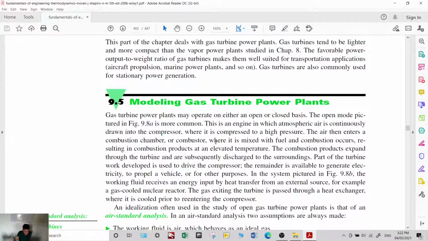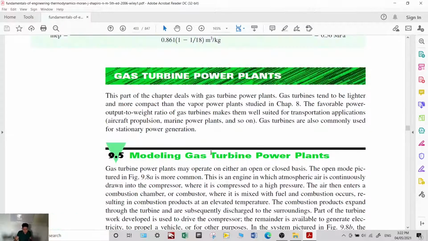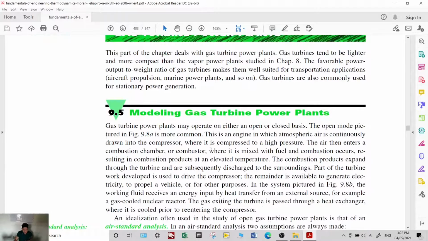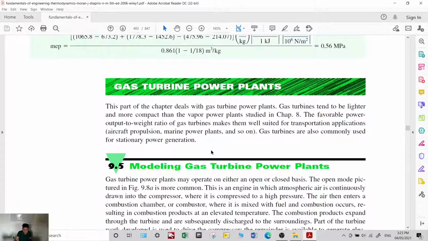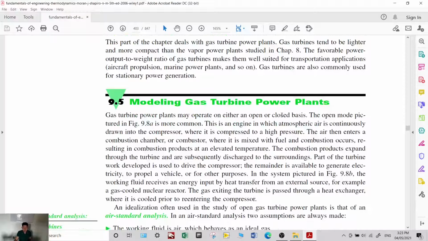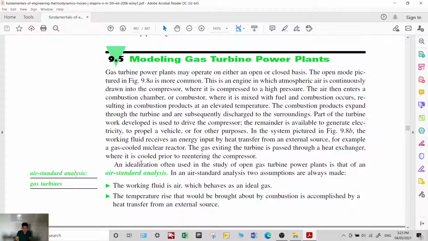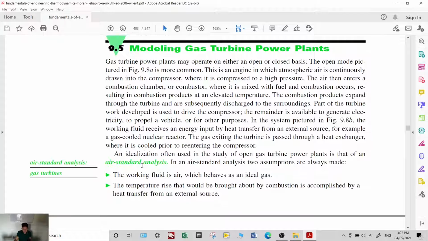Okay, so, just like the vapor power plants, just like the one we use for analyzing the internal combustion engines, we'll also employ the air standard analysis. Again, I'll repeat our assumptions for air standard analysis.